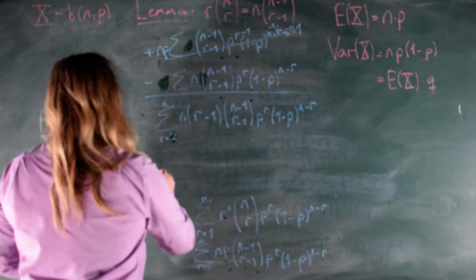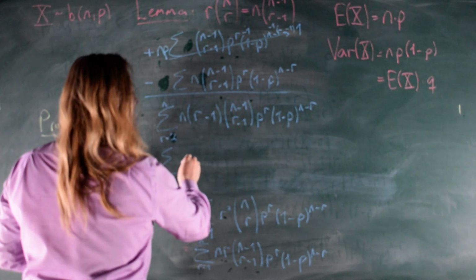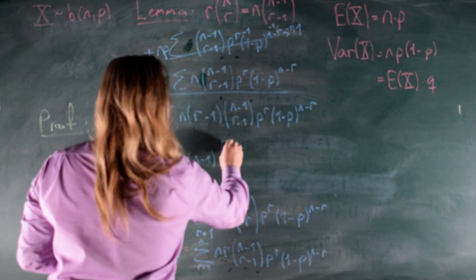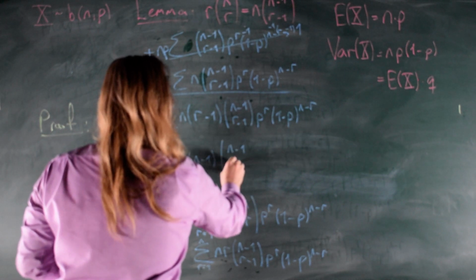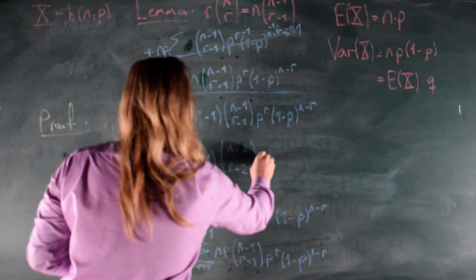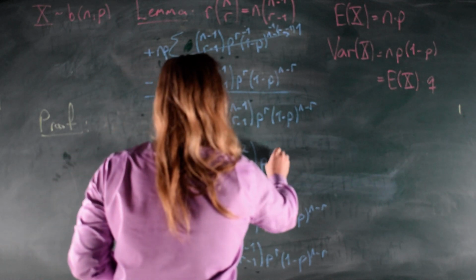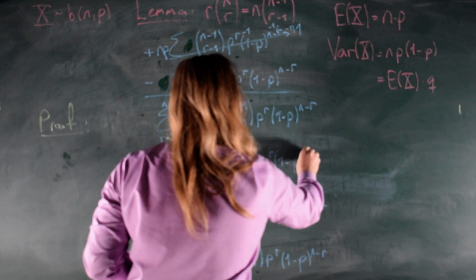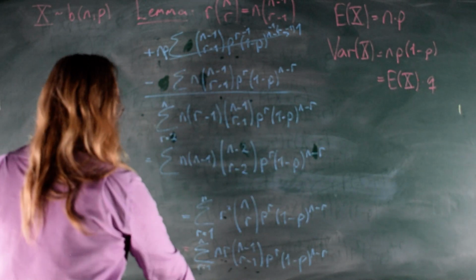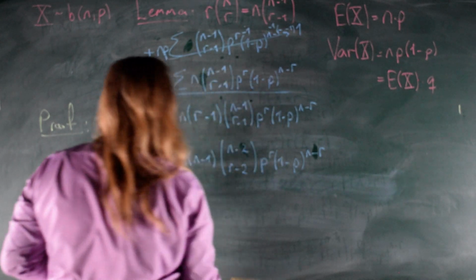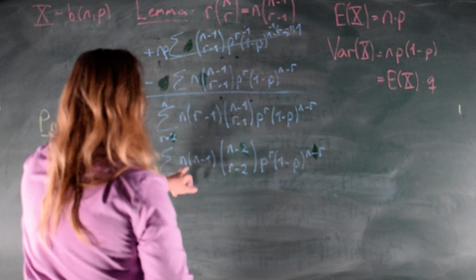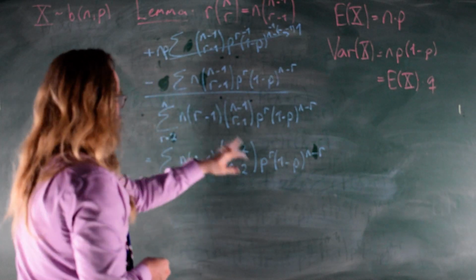Anyway, so we use this lemma again, so we get n times n minus 1, and then we get n minus 2 choose r minus 2, and then we get p to the r, 1 minus p, and minus r. Wonderful. And we're actually almost done. We're close. We put the n, we put these two outside the parentheses.